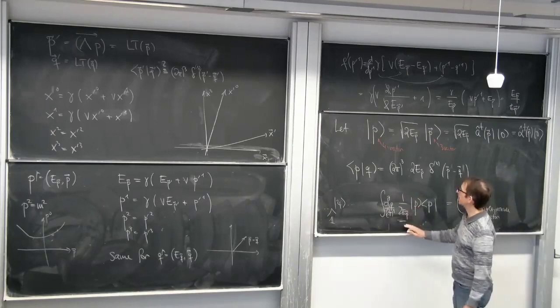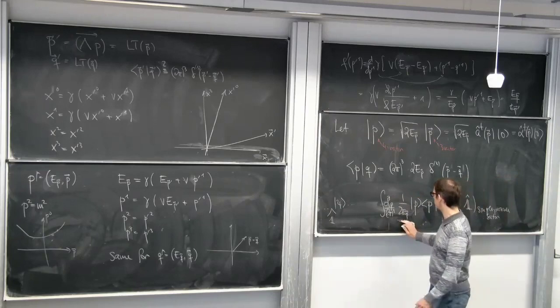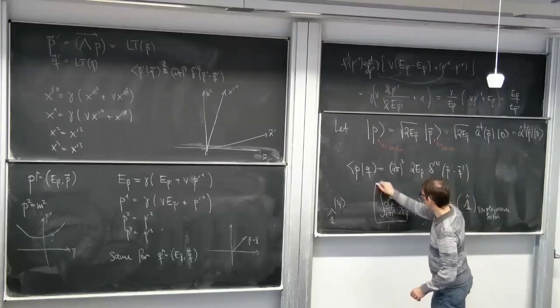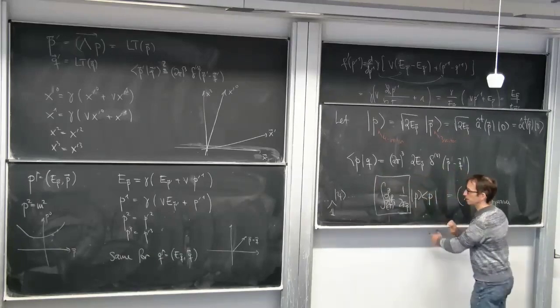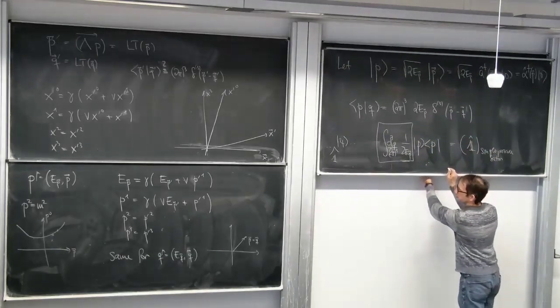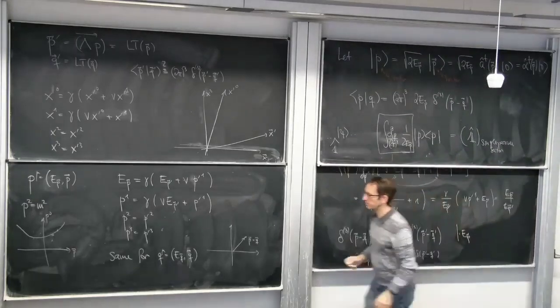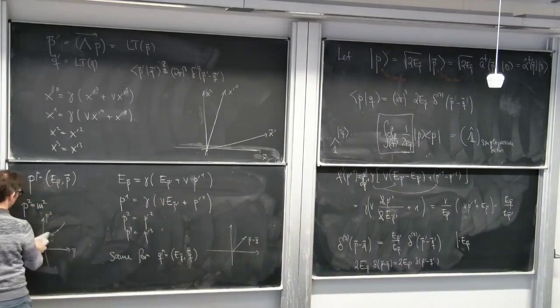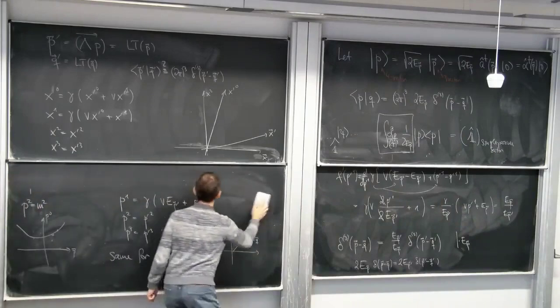And so this will be around everywhere. This combination you should remember because it is the Lorentz invariant integration over this mass shell.